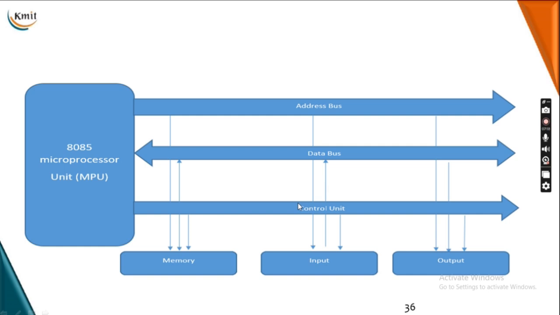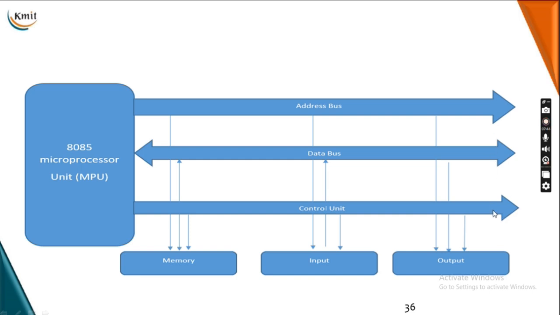Next, third one, control bus, which is also a one-way communication, nothing but it controls the peripherals. The microprocessor will be sending the control signals to the other peripherals to act upon it.